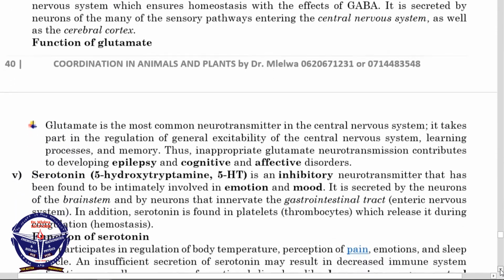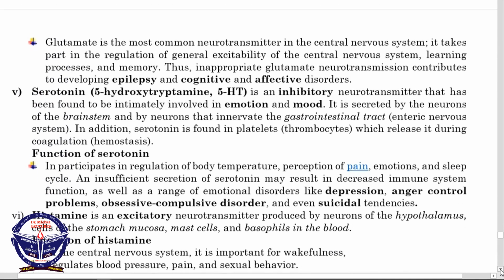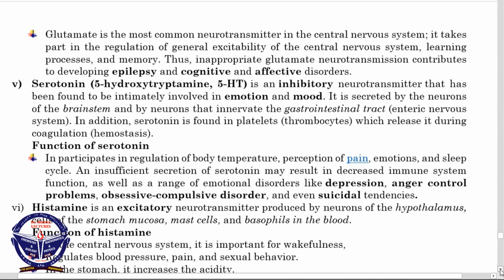In function, glutamate is the most common neurotransmitter in the central nervous system. It takes part in the regulation of the general excitability of the central nervous system. And actually, kama ambavyo tumesema kwamba inappropriate neurotransmitter inaweza kupelekea epilepsy ni kifafa, and cognitive and affective disorders. Kwa ni vitu kama hivyo.